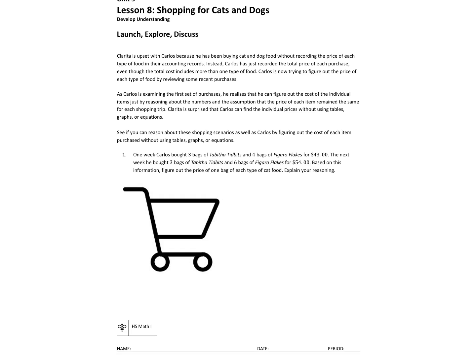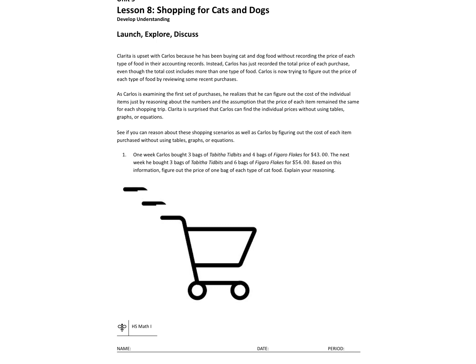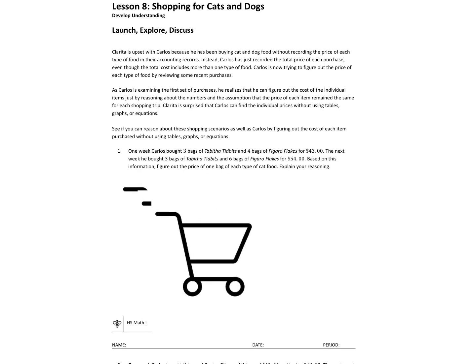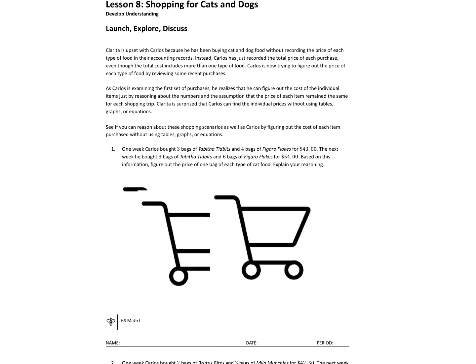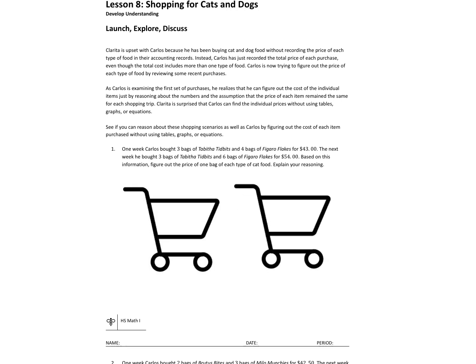So actually, let's duplicate it, and he'll have 2 shopping carts, one that represents the first week and one that represents the second week.